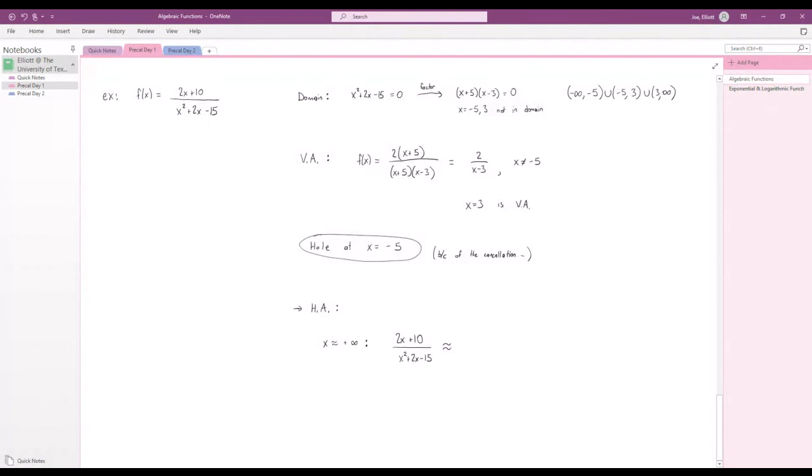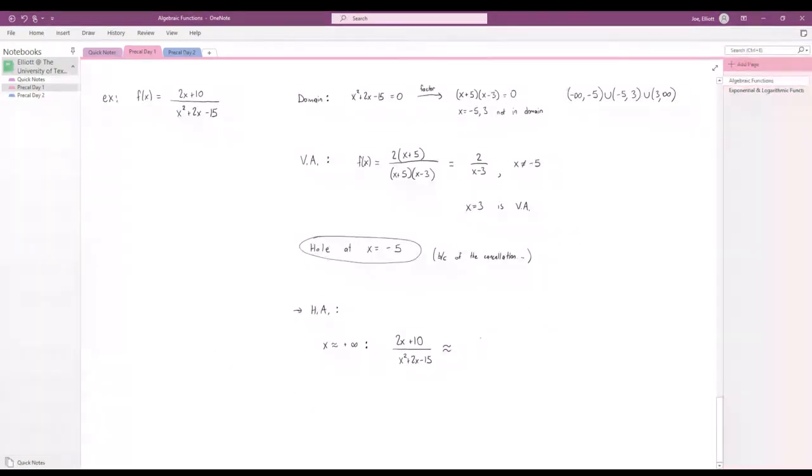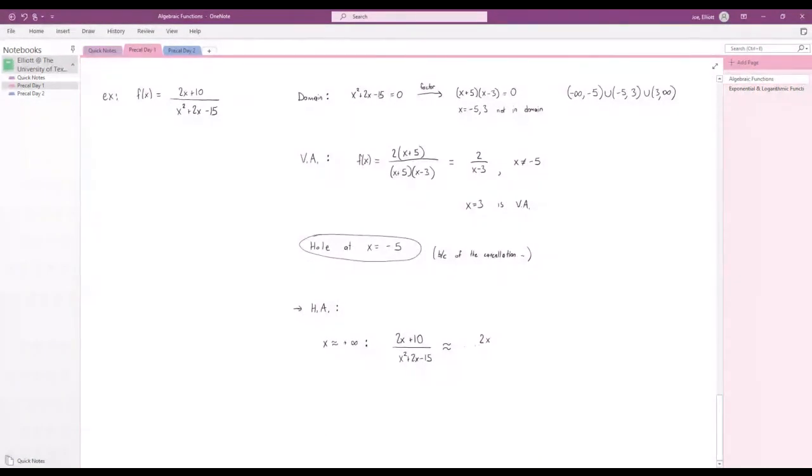So when x is really large in the numerator, that 10 is going to be pretty insignificant next to the 2x. So it's kind of like you just have 2x in the numerator. And likewise in the denominator, the x squared dominates everything else. So when x is really large, you can almost pretend it's just x squared in the denominator.